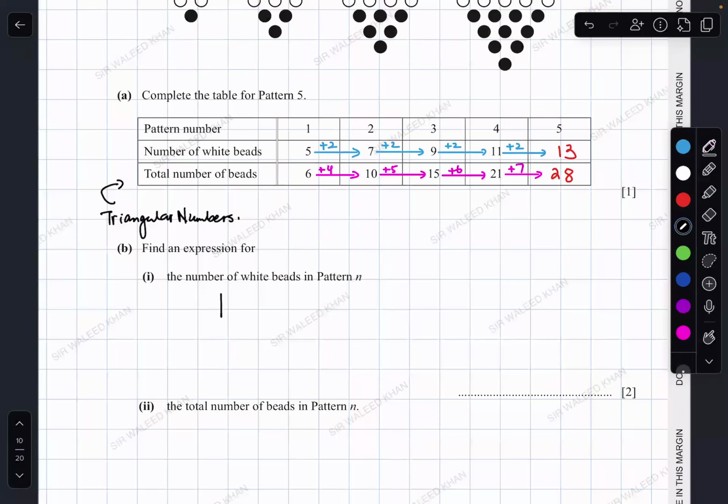So pattern number n will be a plus n minus 1 times d. So the first one is 5 plus n minus 1 times d. The common difference is 2, positive 2. So we have 5 plus 2n minus 2. So the formula for these white beads in pattern number n will be 2n plus 3.